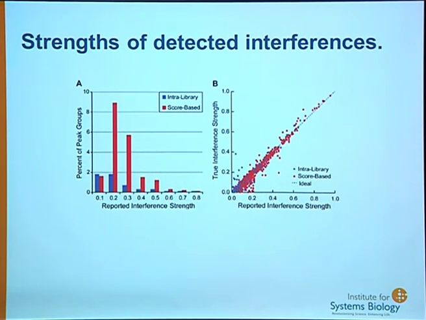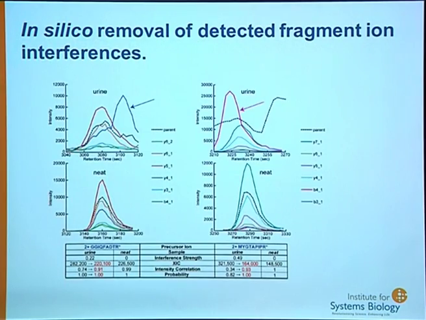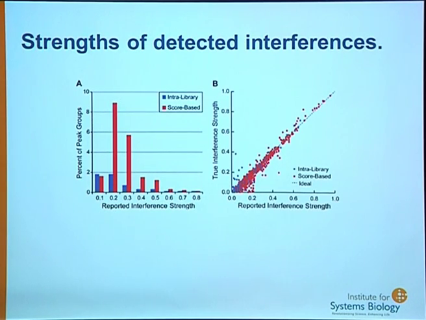What we could do, because we had the synthetic peptides both in neat as well as with urine background, is we knew what the actual area under the curve is supposed to be. So in this case here, we knew that it should be that much and not this much. So we could compute the actual area, and we knew how much the interference strength was and how much was computed.